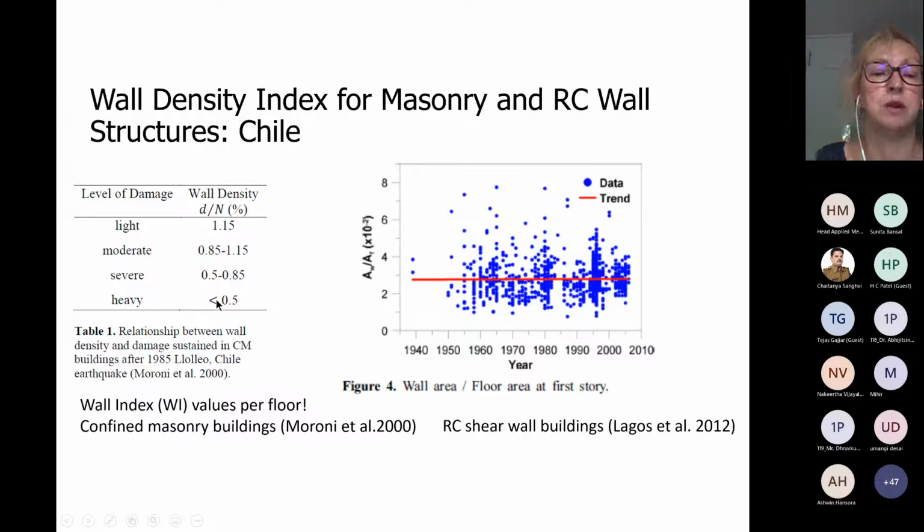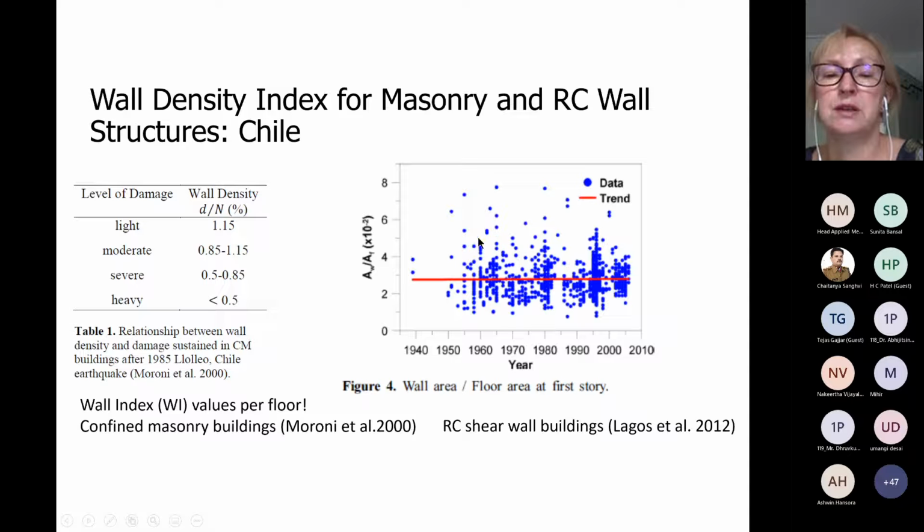That was for confined masonry buildings. Similarly, in Chile, they did similar studies after every earthquake, and every 10 years they have an earthquake of magnitude 6. So in Chile, they have lots of data on this wall index. They also use it for reinforced concrete walls, and you can see here the percentages are different, a bit higher. These are all data in Chile.